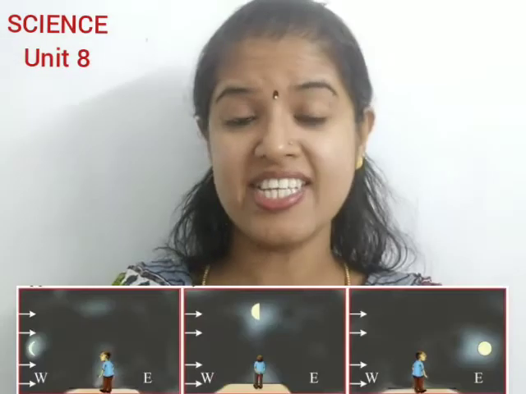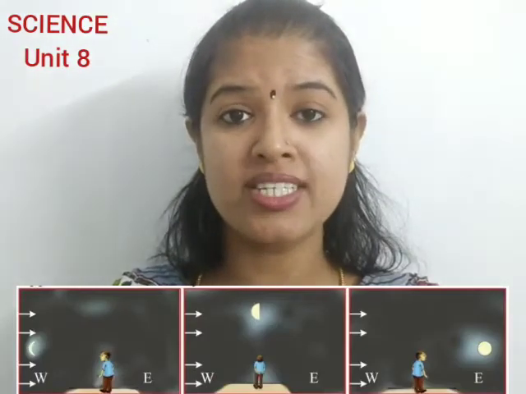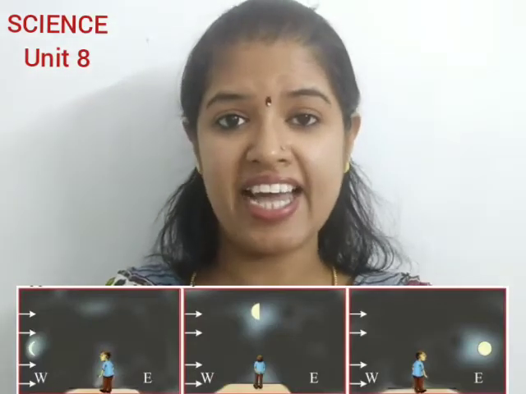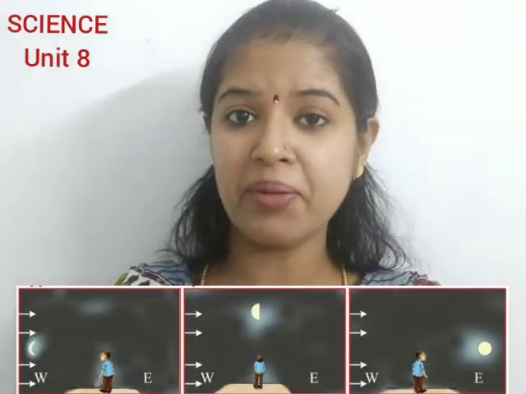It always changes its position towards the east direction, as you can see from the picture. And it revolves round the earth and it takes 27 1/3 days to complete one revolution around the earth. So this is due to the revolution around the earth. It changes its position towards the eastern direction.